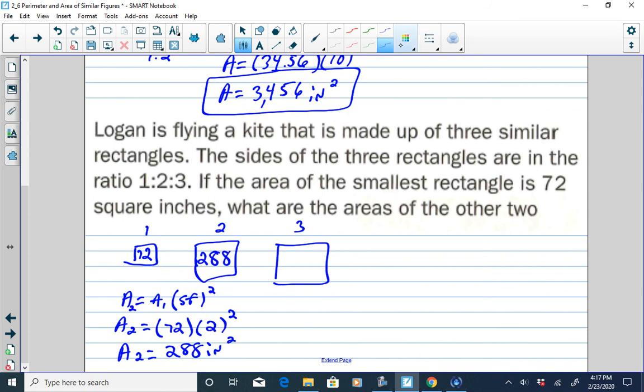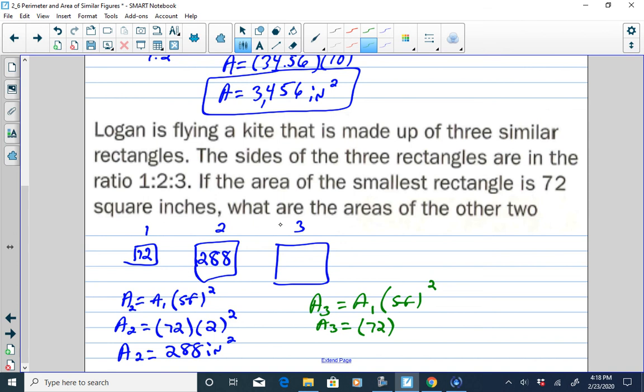But what about area 3? What's that going to look like? Well, area 3 is going to be equal to area 1 times the scale factor squared. Area 3 is going to be equal to area 1, which is 72, once again. But we have a different scale factor to go from here to here.